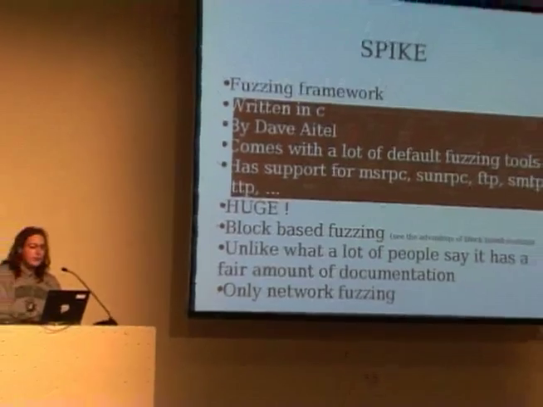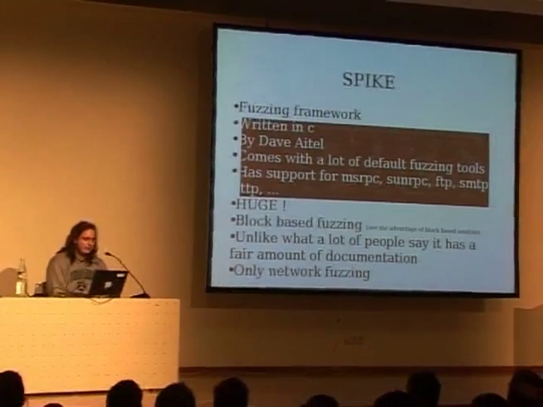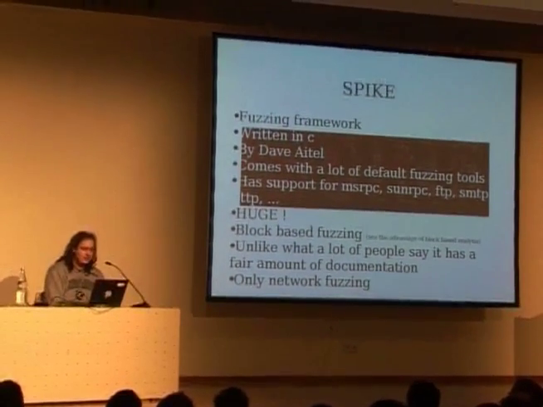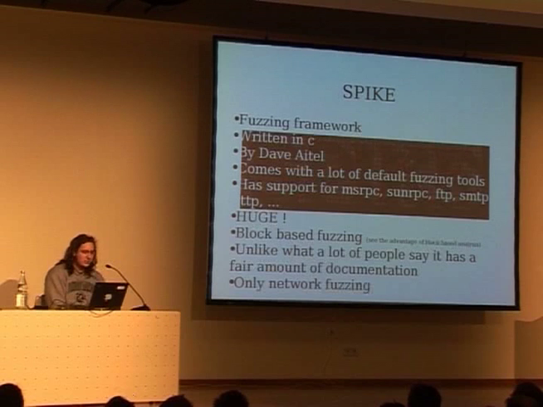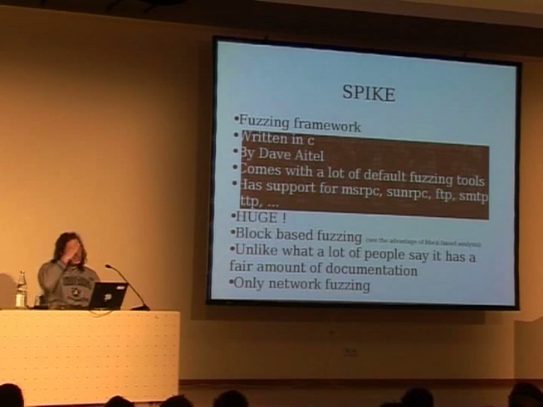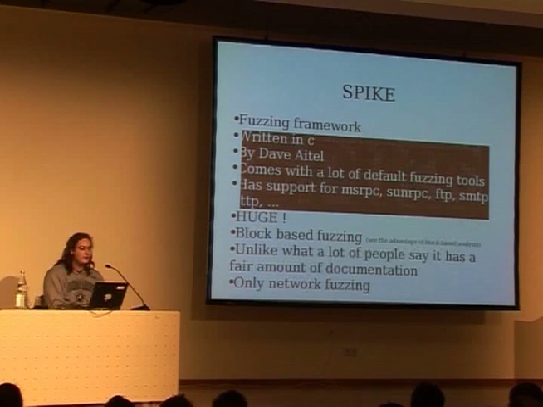Okay, moving on to Spike, which is a fuzzing framework written in C by Dave Aitel. It comes with a lot of default fuzzing tools for anything you can imagine, like the Oracle TNS listener, remote RDP for Windows, a Gopher daemon, and a whole range of other things.